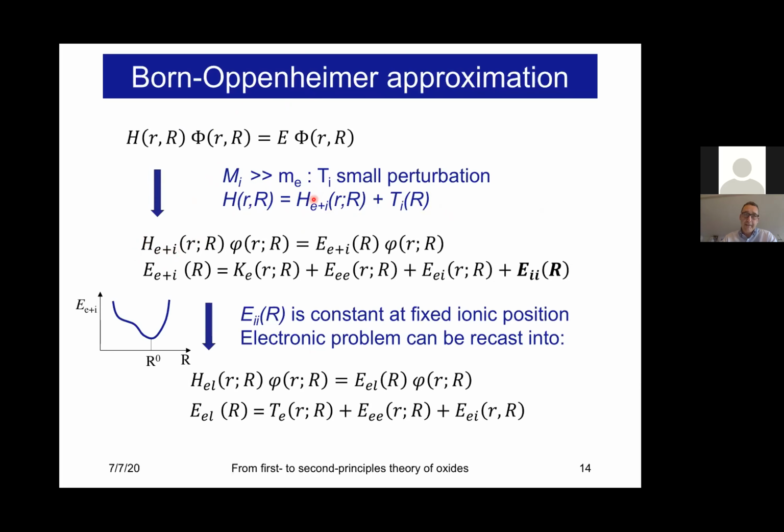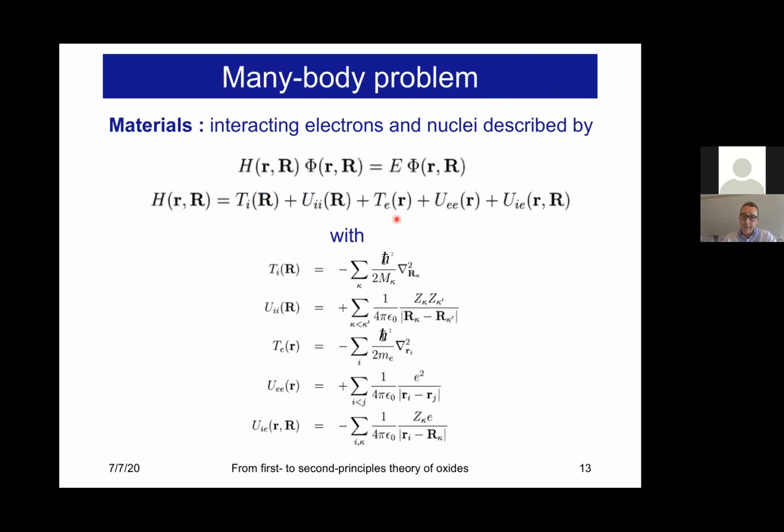And what is very interesting when you neglect the kinetic energy of the ions is that, looking back at the different terms, the kinetic energy of the ions is the only term where you have a differential operator acting on the position of the ion.